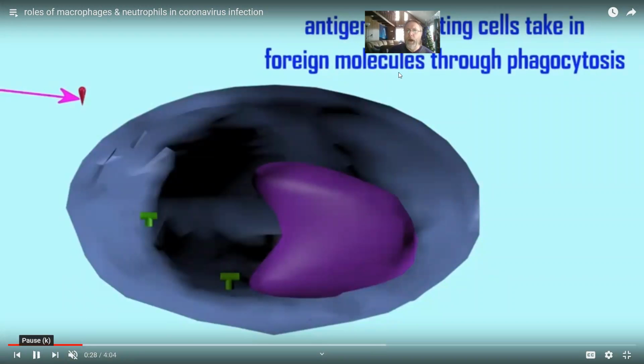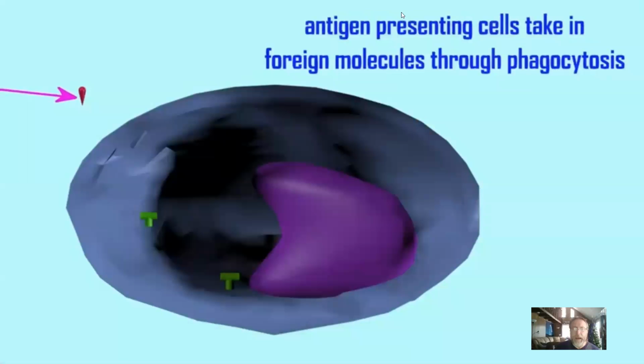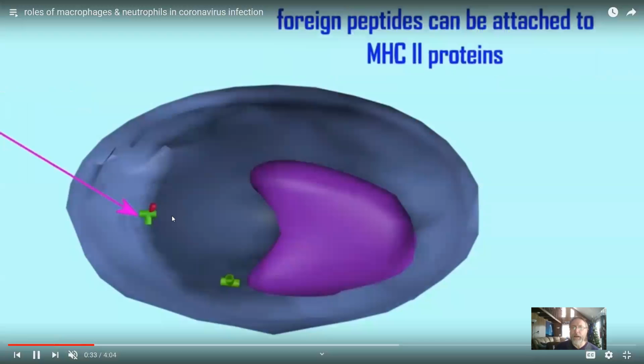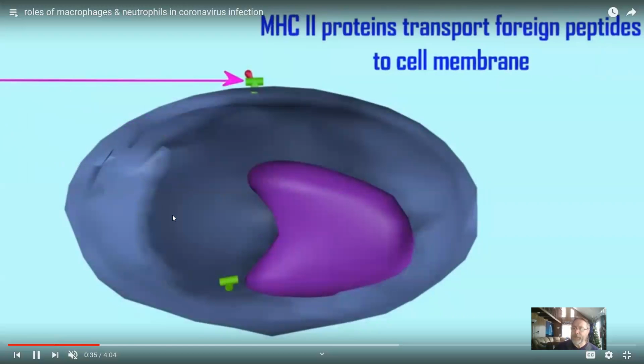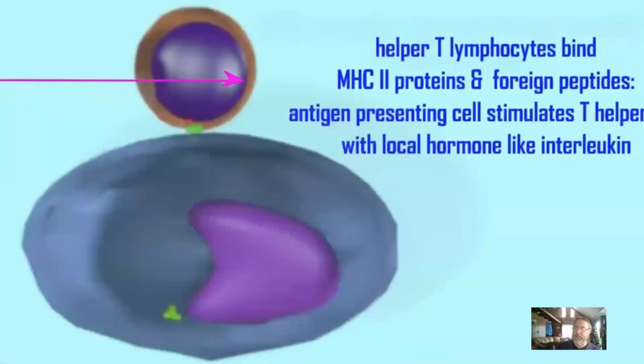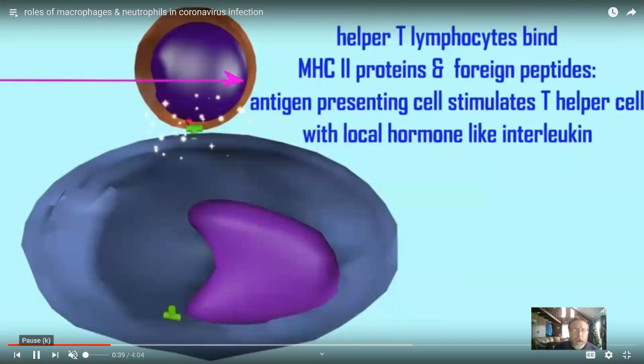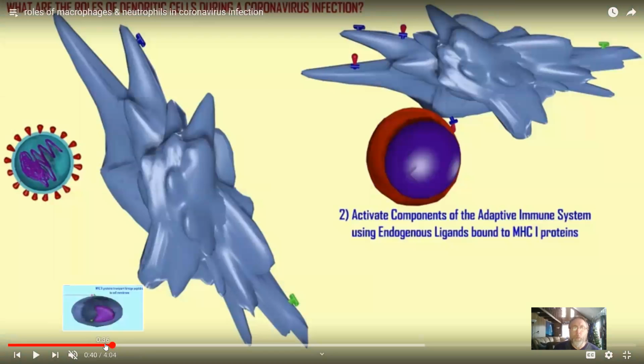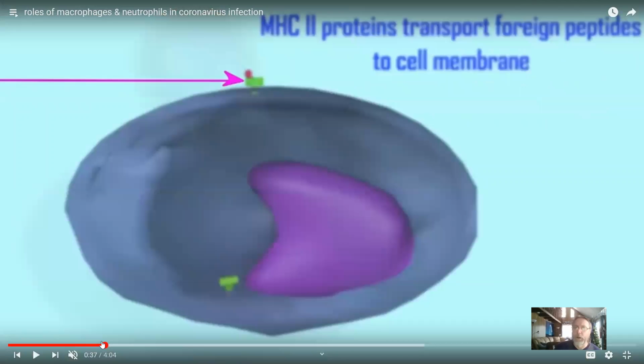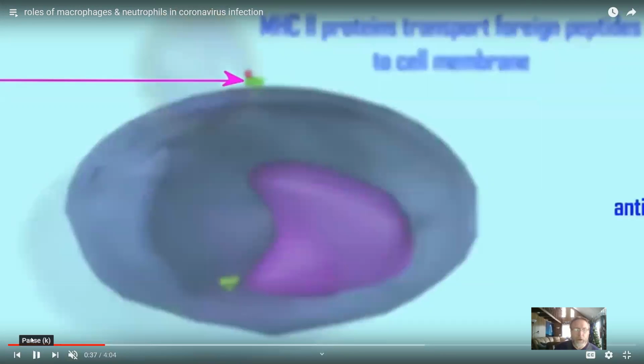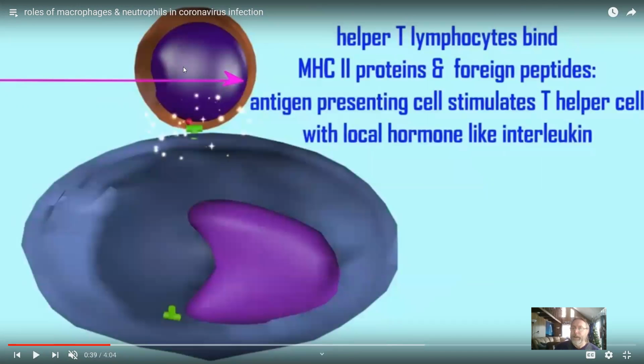It ingests the foreign peptide, and it then becomes what's called an APC, an antigen presenting cell, which then wears this viral peptide on its cell surface as a signal for immune cells. Now, you may notice here's a lymphocyte, but it's not the red color of a cytotoxic lymphocyte.